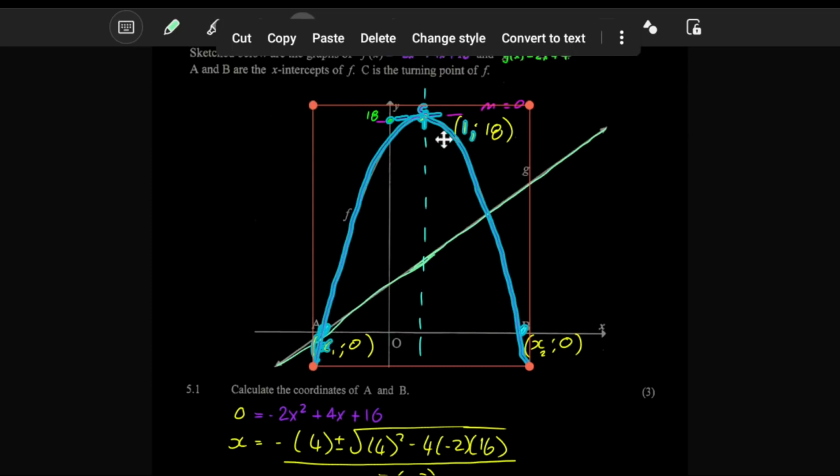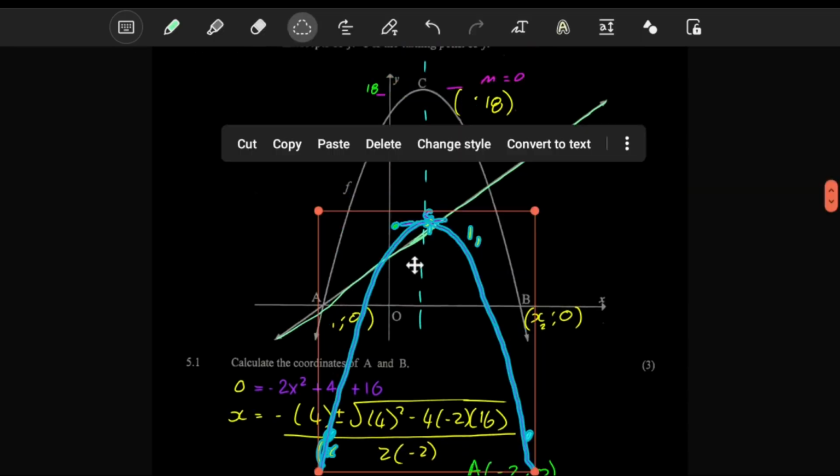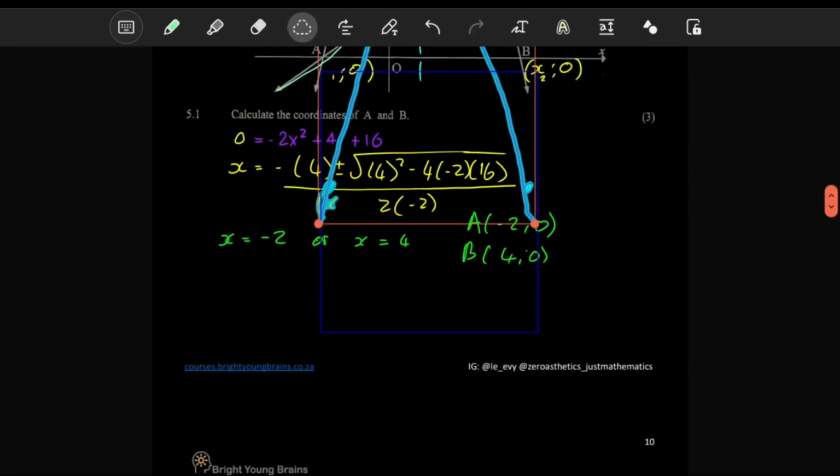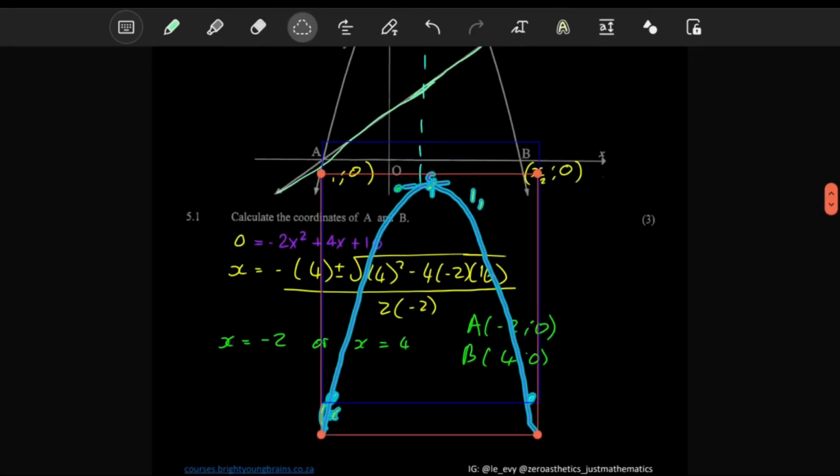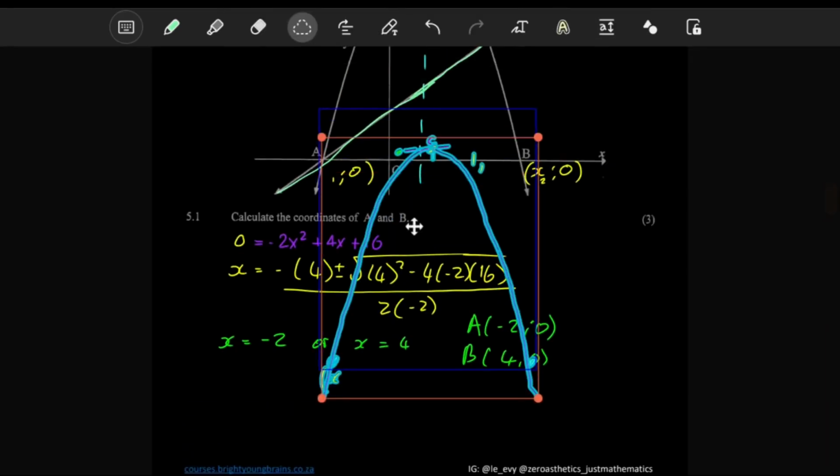If you look at our parabola here, we don't know how many units, but technically we would have to be moving it down. So they're asking how many units down do we need to move our parabola so that eventually it is not touching our straight line graph.